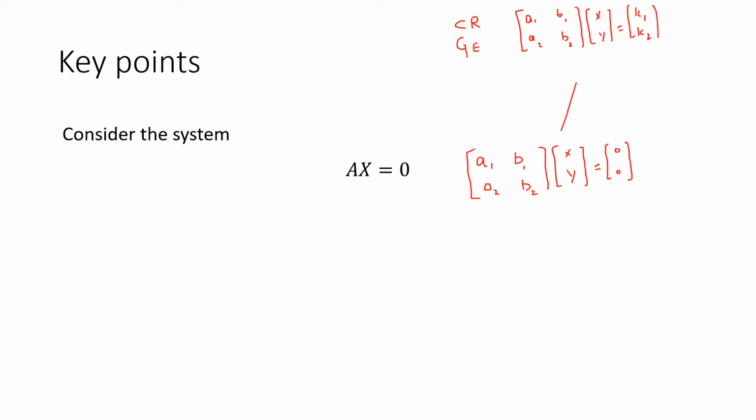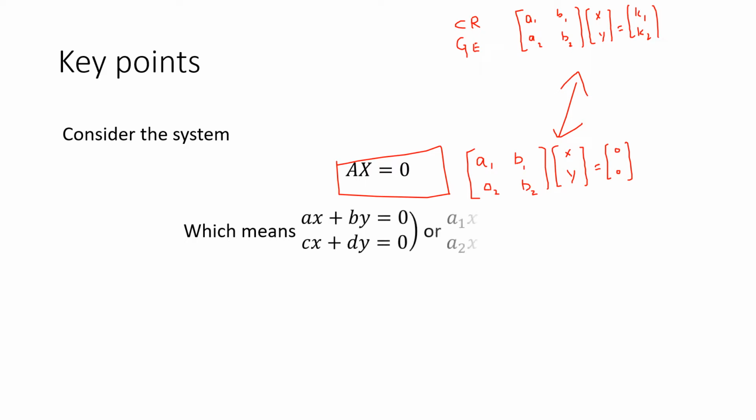So see the difference in both the systems. In eigenvalues, for trivial and non-trivial solutions, the matrix system will be like this, which means a1 b1 a2 b2.